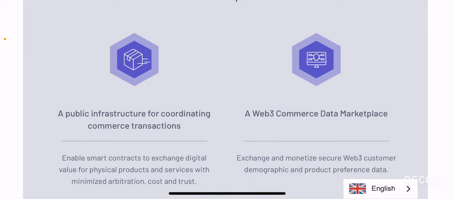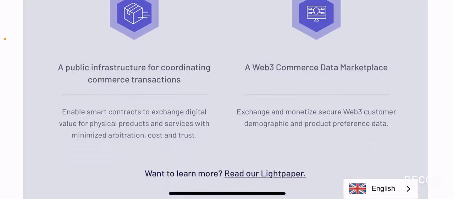So you need these two components in order for the protocol to function properly. The first is the public infrastructure for coordinating commerce transactions, and the second is a Web3 commerce data marketplace, right? You need a data marketplace that can be a repository of people who want to sell things and people who want to buy things, all completely done in a decentralized manner, right?